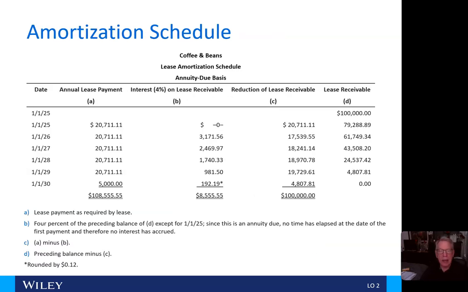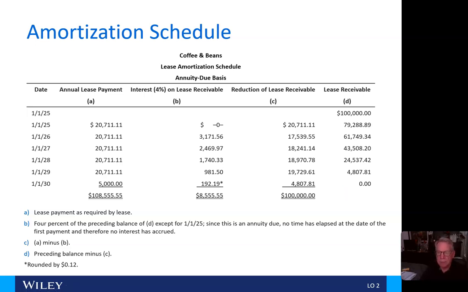Okay, the amortization schedule then is shown as follows. We have $8,555.55 in interest, so the lease receivable amortizes down, of course, to 0.